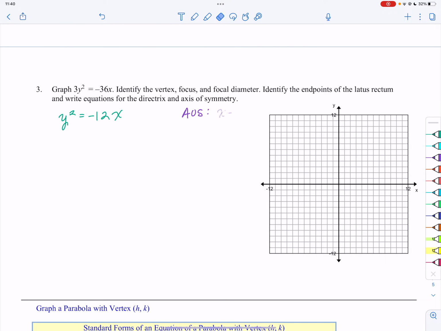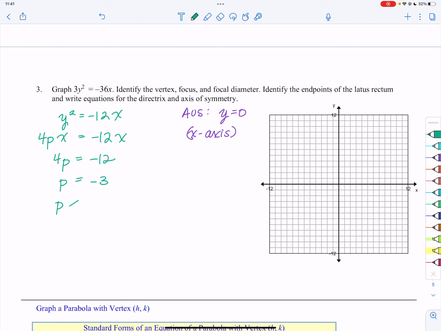I'll go ahead and write that below that. And the equation of the x-axis is y equal to 0. Okay, and since we have y squared equals -12x, we know that y squared is equal to 4px. So 4p is equal to -12, and p is equal to -3.